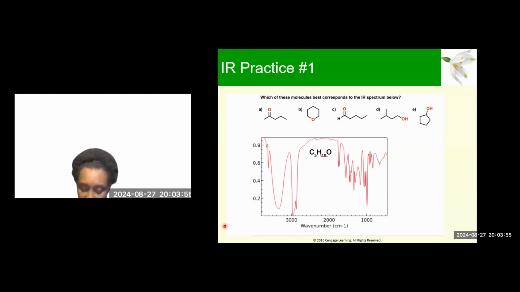So let's see how many hydrogens these have. So this has 1, 2, 3 hydrogens on these. There's 4, 5, 6 hydrogens, 7, 8, 9, 10, 11, 12 hydrogens on that compound. So we know that that cannot be the answer.